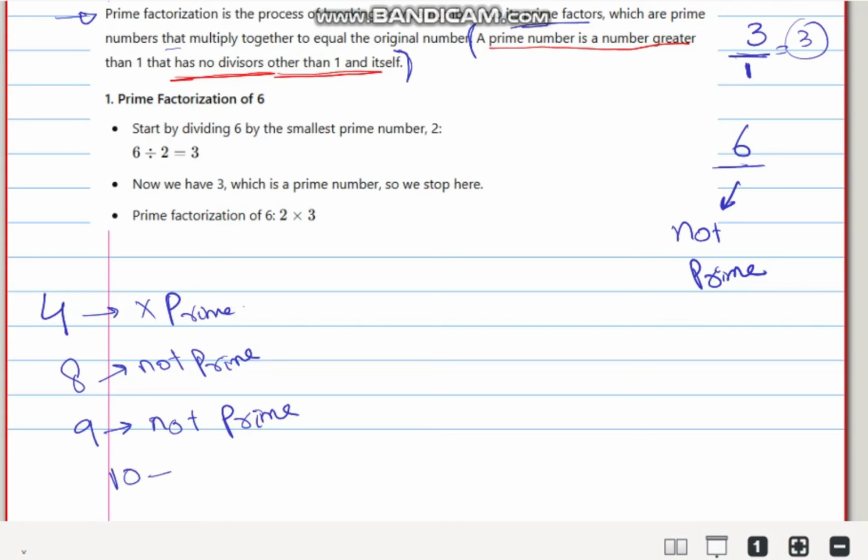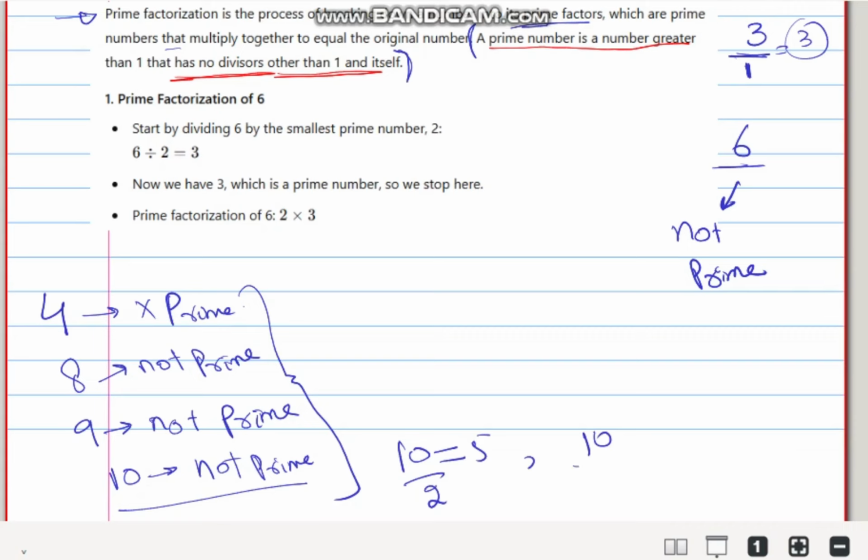Sir, I think 10 is not prime. Yes, exactly, obviously, because we can easily see that 10 can be broken down. 10 can be divided by 2, which gives 5.